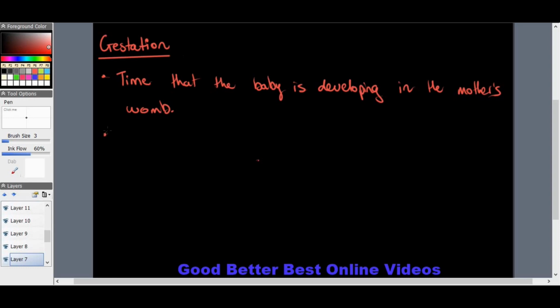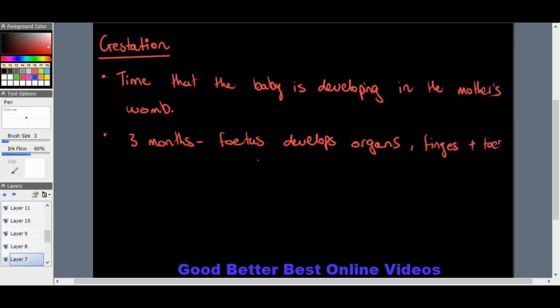Okay, in the first 3 months, the fetus develops all its organs. Besides organs, it also develops fingers and toes, which will be very tiny.